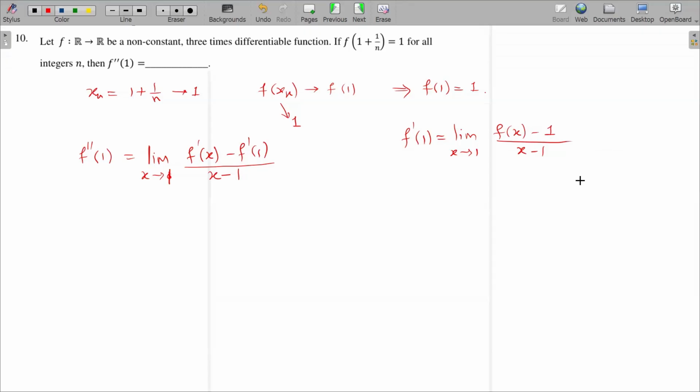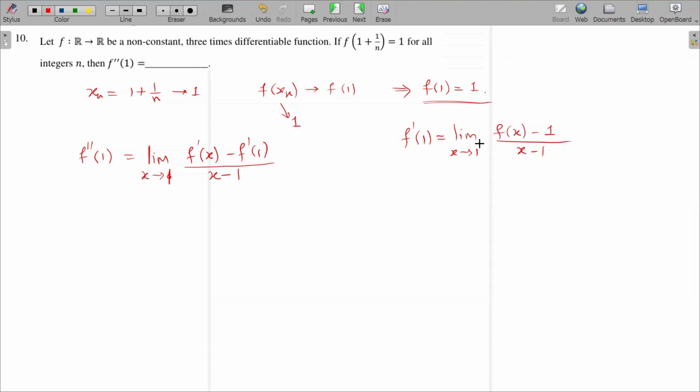Sir, since the limit exists and the denominator goes to 0, the numerator must go to 0. Yes, it goes to 0 anyway because you know f of 1 is 1 and the function is continuous.